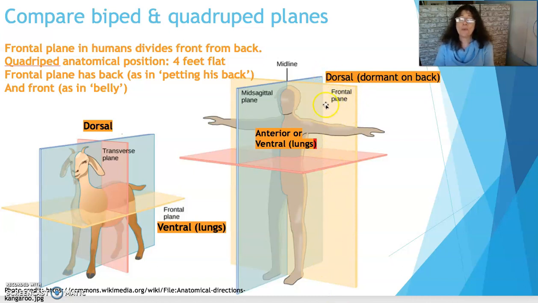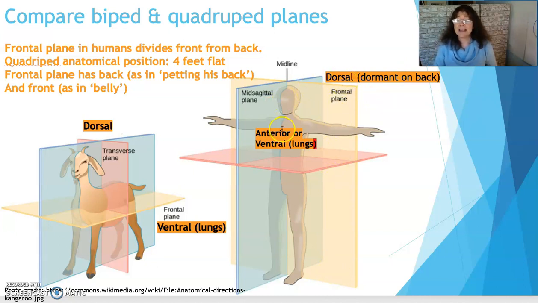And that is one of the vertical planes in humans that divides the body from a frontal section and a back section in a human. So here in orange, I have my highlighting in orange, is the frontal plane in humans.